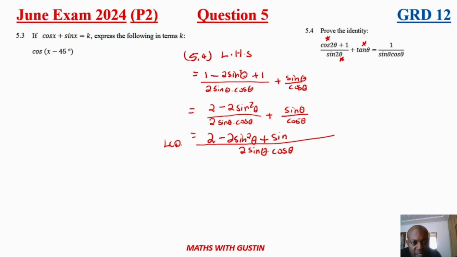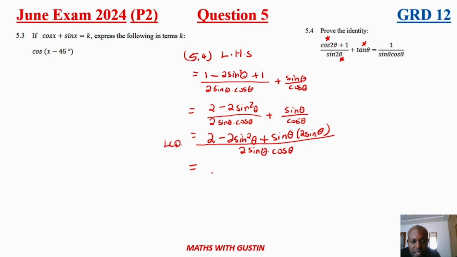What is left out is 2 sine theta at the LCD. You need to multiply it with the numerator. I'm going to repeat that again, guys. I said cos goes cos here. You are left with 2 sine theta, which is this one here, and then you need to multiply it with the numerator. All right, so let's move right along.